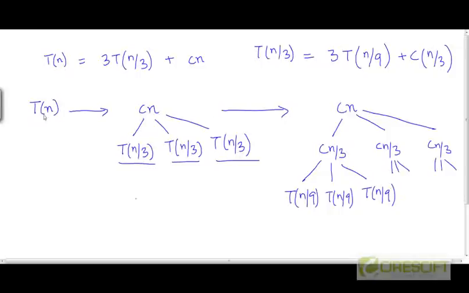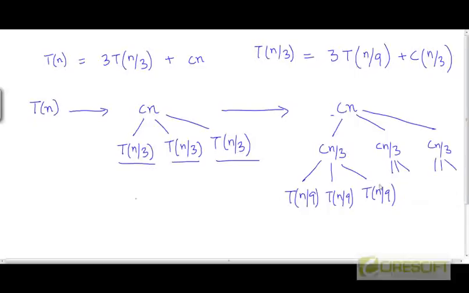Again, the value of T(n), which was the sum of the values of these 4 nodes, is also equal to the sum of the values of all these nodes. One node at the 0th level, 3 nodes at the first level, and 9 nodes at the second level.